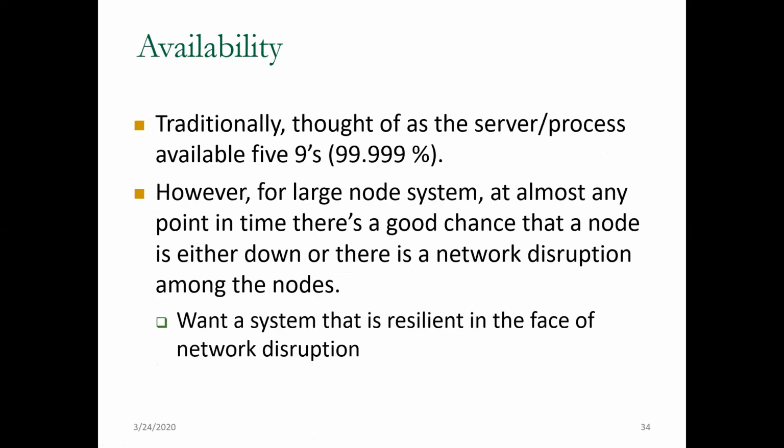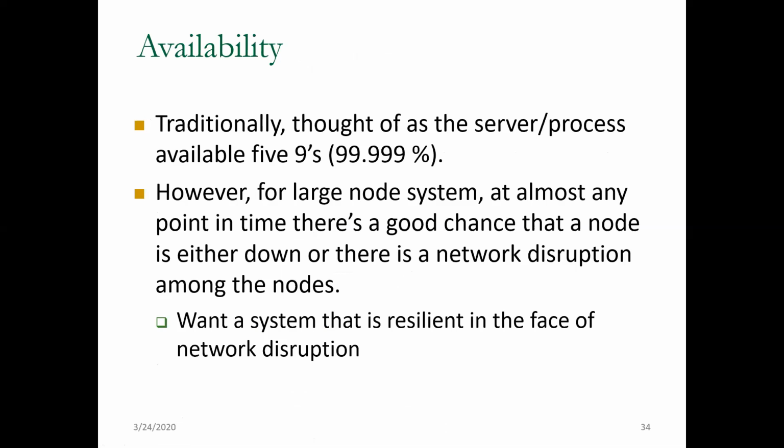So availability, as per the definition, is five nines, that is 99.999%, it should be available. For any large database systems or large distributed systems, the first expectation is that the database should be available. There should not be any disruptions in the availability factor.